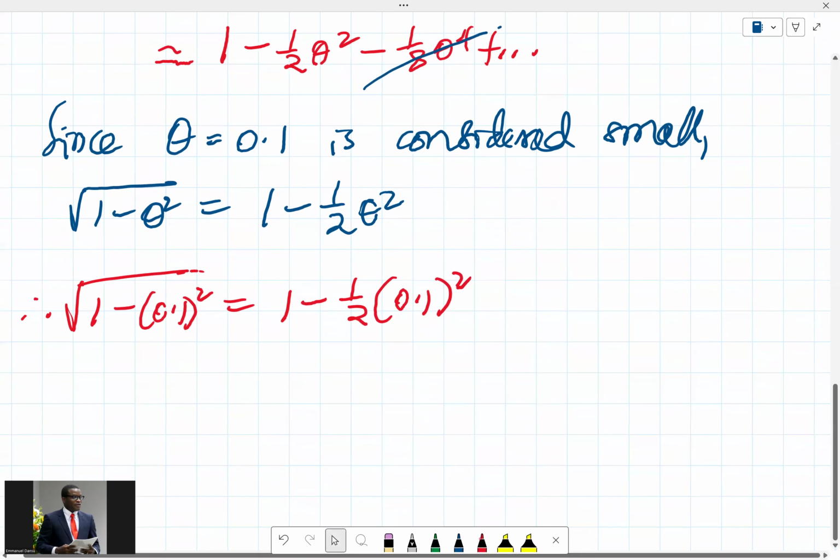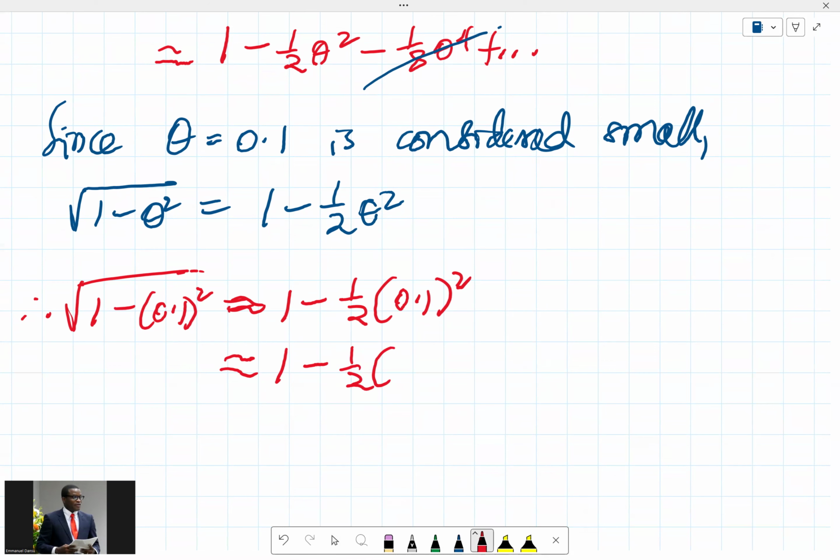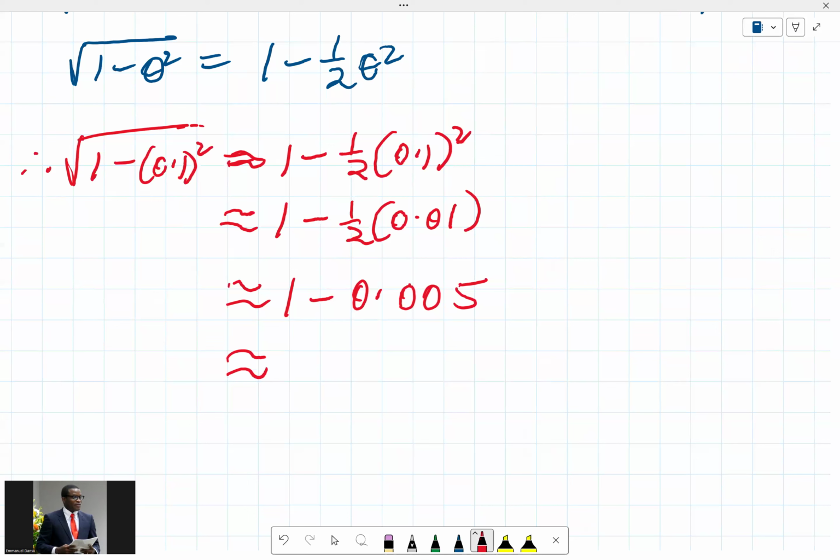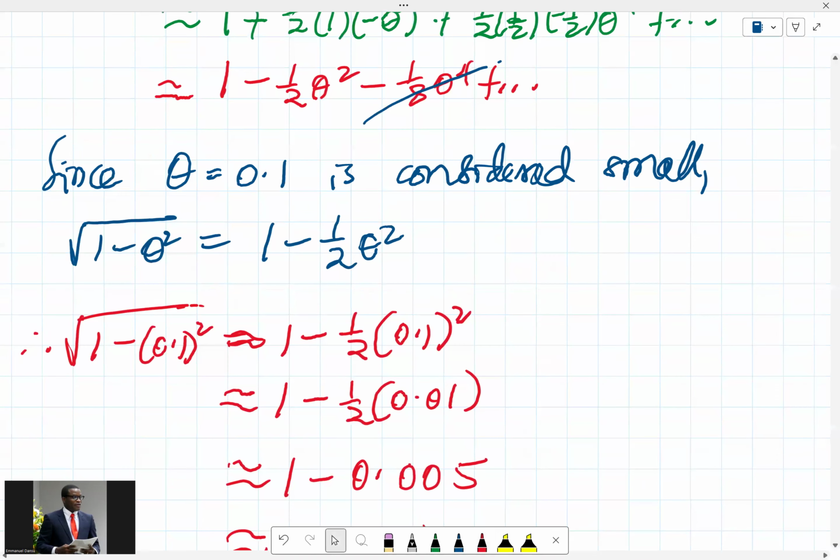Of course, this is approximation, so approximately 1 minus half into 0.01, that is approximately 1 minus 0.005, and that is approximately 0.995. Okay, so that works in that situation.